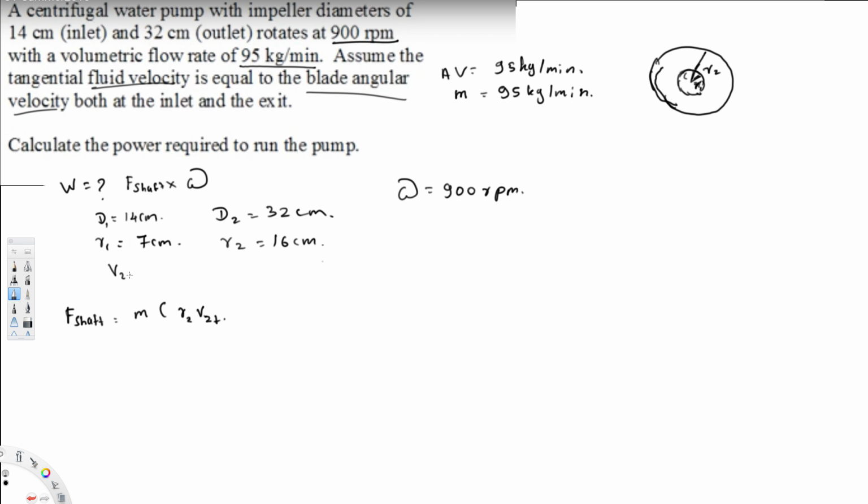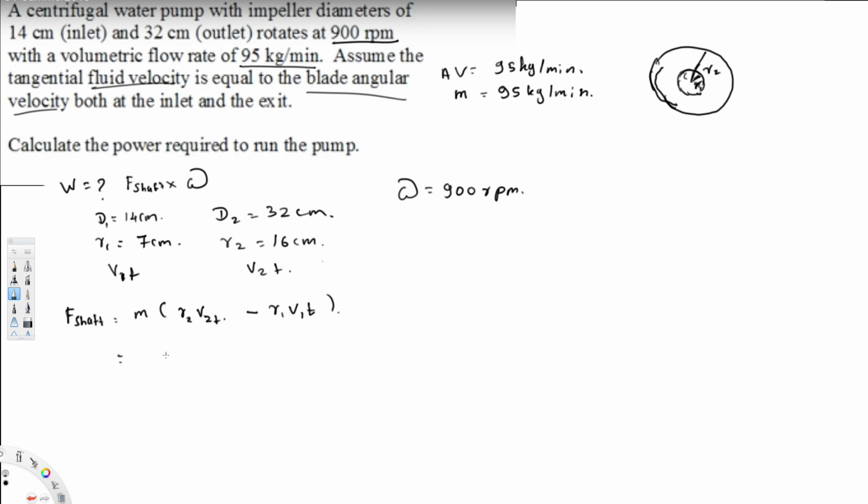So it is R2 V2t minus R1 V1t. If we find this value, that's going to give us the work done by the shaft. Then we have to multiply by this omega.